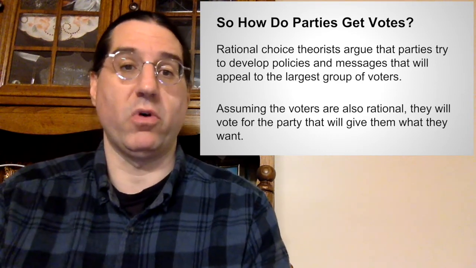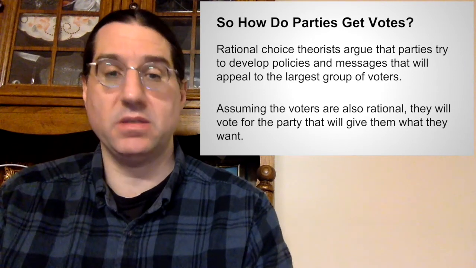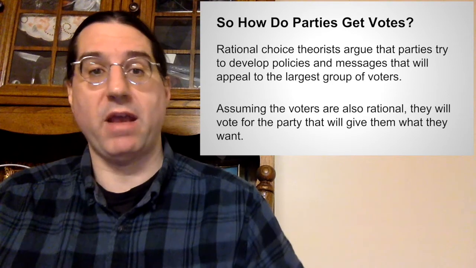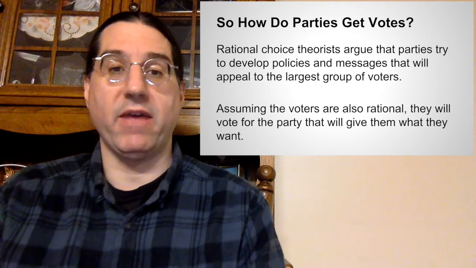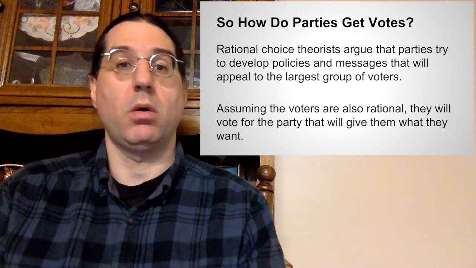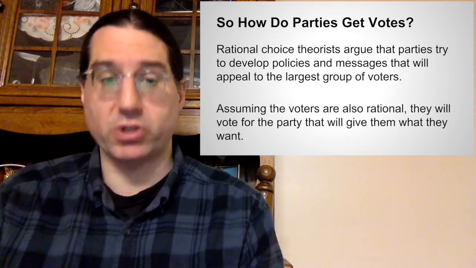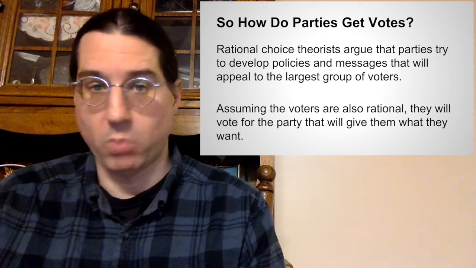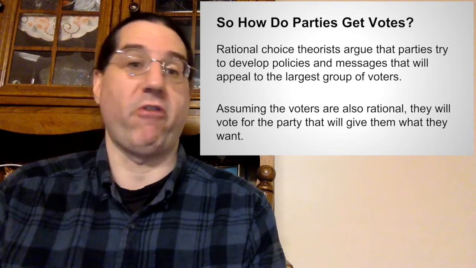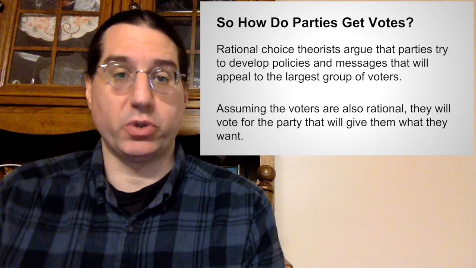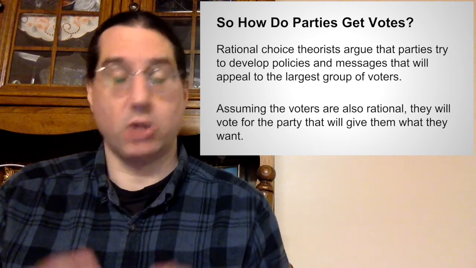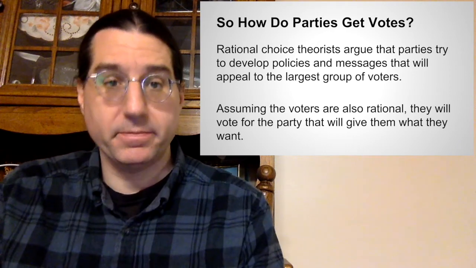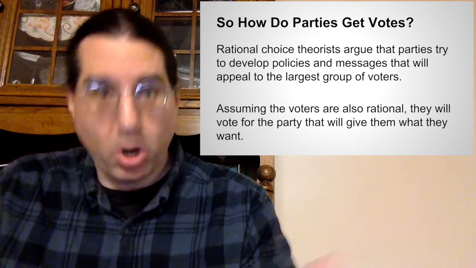So if the voters want lower taxes, rational choice theory says they will vote for the party that offers lower taxes. If they want more government services, rational choice theory says voters would vote for the party that's offering more government services. Therefore, rational choice theory says that logically the parties ought to figure out what the voters want and then offer that to them.